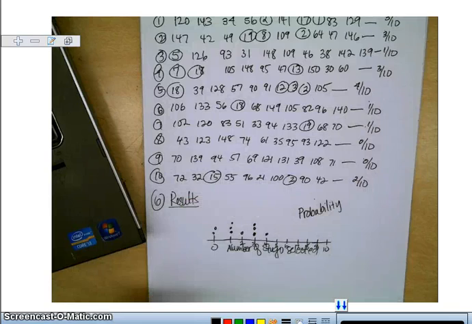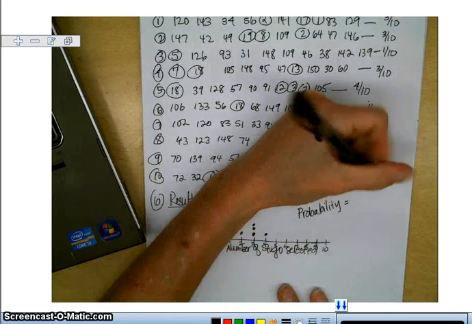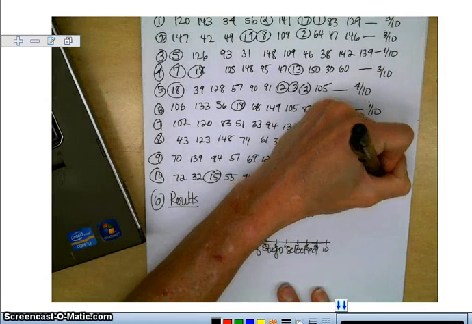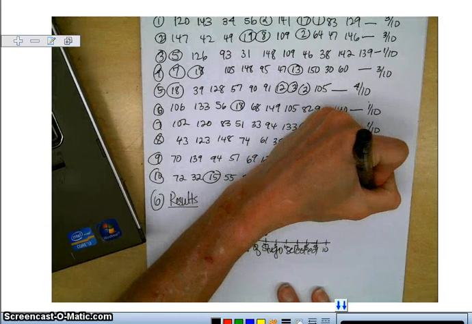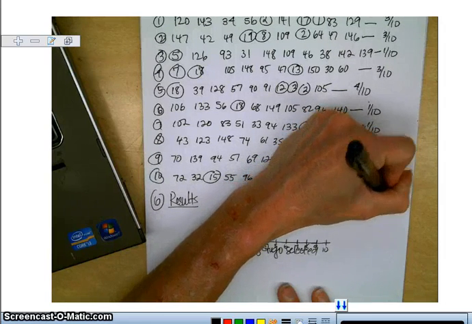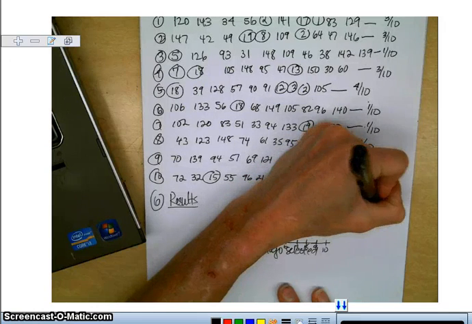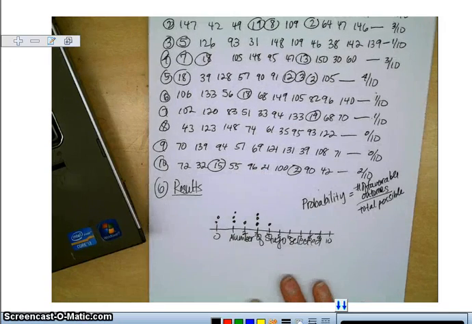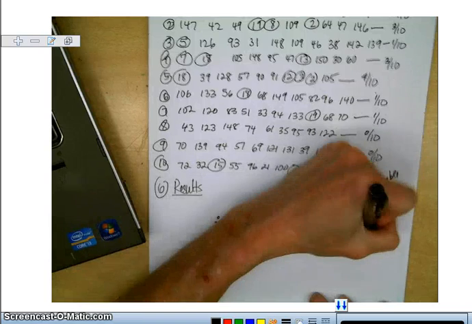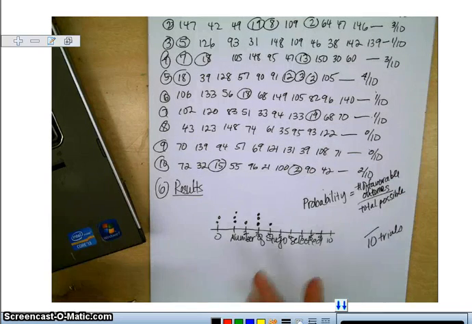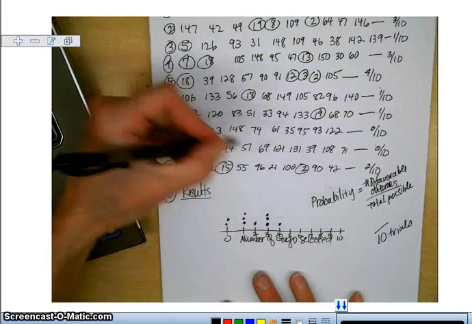As I can see, the probability, the formula for probability is the number of favorable outcomes over the total possible. Okay, so of our 10 trials, how many of them had what we desired? What did we desire?